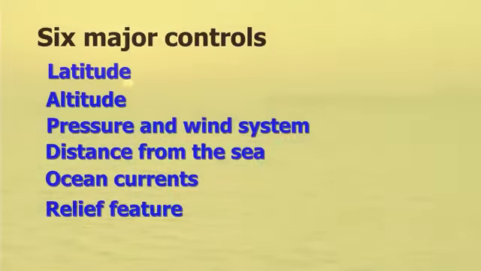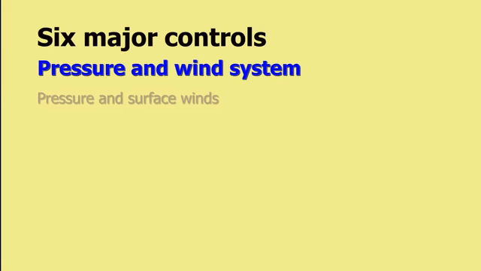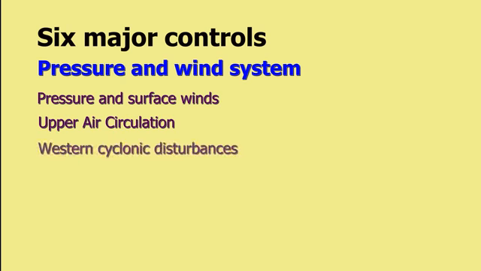Next one is the pressure and the wind systems. We will study this under 3 categories, that is pressure and surface winds, then upper air circulation, and western cyclonic disturbances and tropical cyclones.